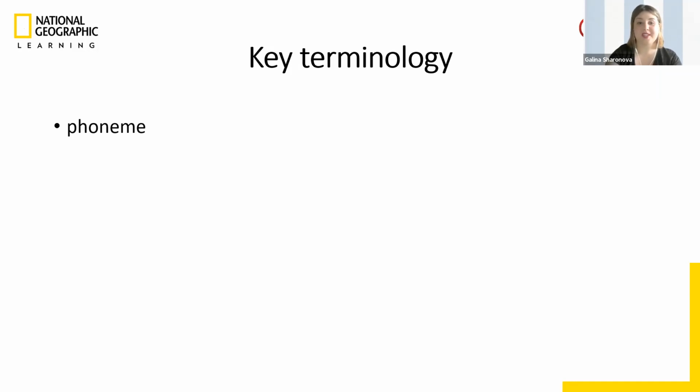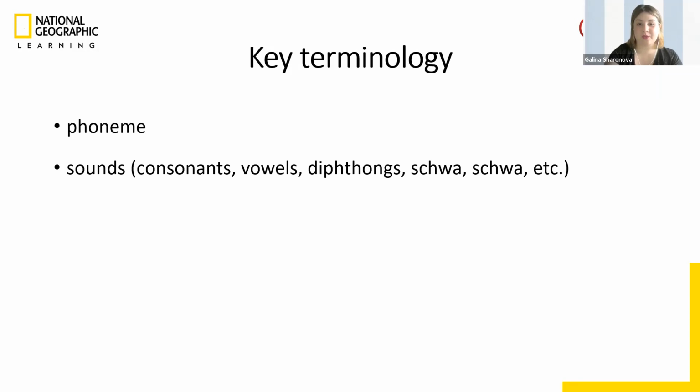Of course, when we teach phonology, we teach sounds. Sounds is an umbrella term, a very general term. Sounds means that we need to be aware of consonants, vowels, diphthongs, then schwa and schwi sounds. Do you know what schwa is?